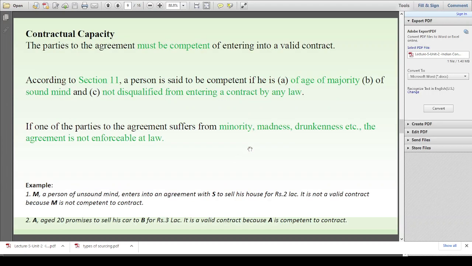Next, contractual capacity. What is meant by contractual capacity? The parties to the agreement must be competent to enter into a valid contract. That means, as we all are aware, the parties who wish to be involved in a legal contract should satisfy some capacities: he should be a major, in the sense of 18 plus, then he should be of sound mind, then not disqualified from entering a contract by any law, right?